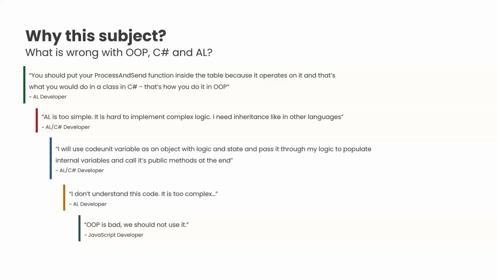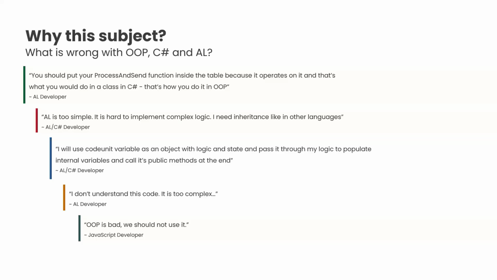So here are some quotes that I saw. Like sometimes AL developers can say, you should put your function inside the table because it operates on this table, and that's what you do in OOP.